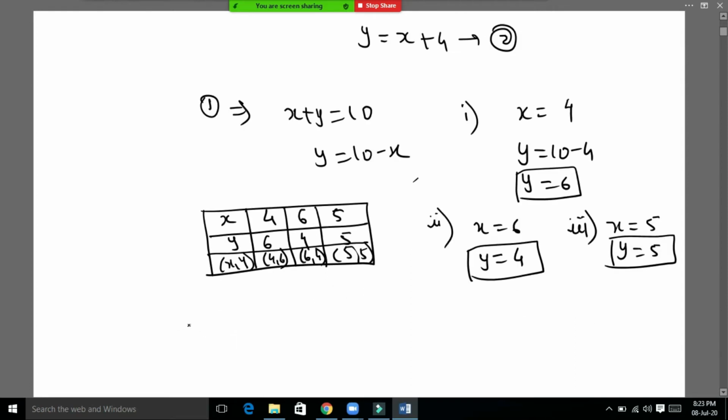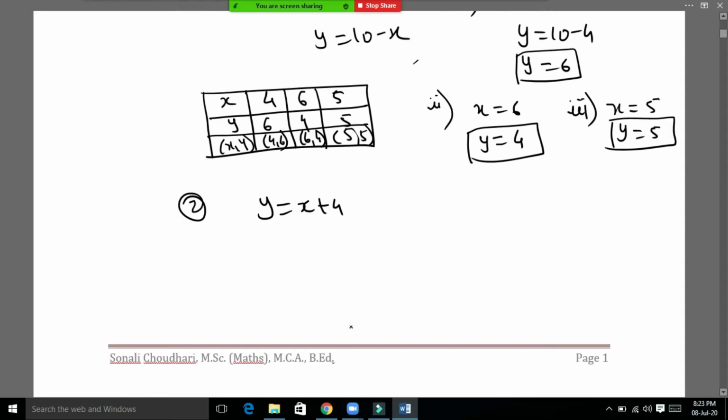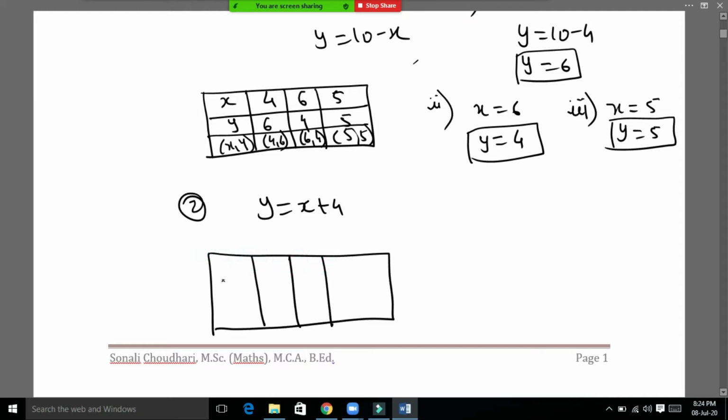Now we go for the second equation. The second equation is already converted in the x variable, so we just substitute different values of x. Here we make a table representing x and y values. For x is equal to 0, y is equal to 0 plus 4 is 4.